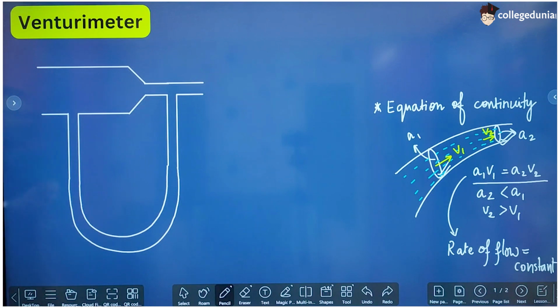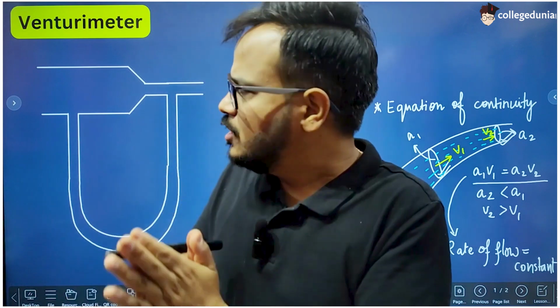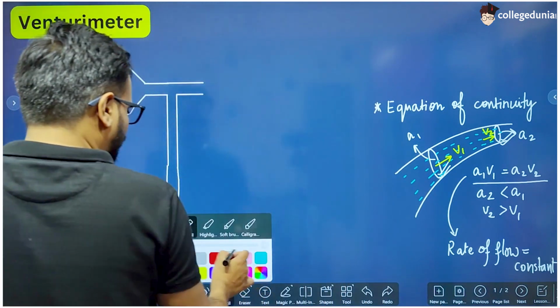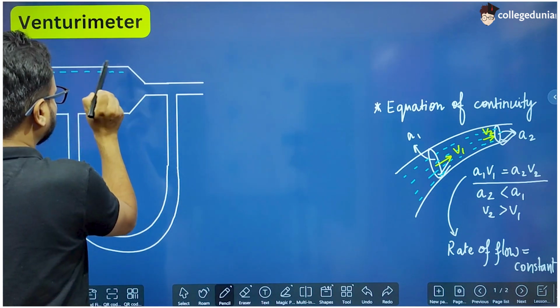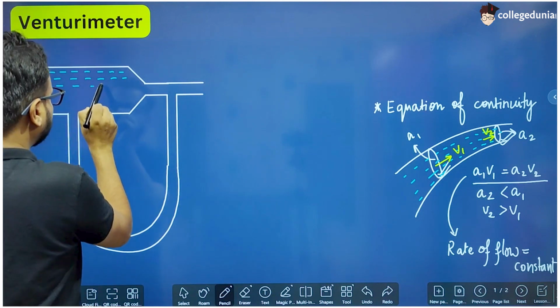Okay, so the liquid whose rate of flow is to be measured is passed through this pipe of non-uniform area of cross section. Now this is the liquid flowing through this tube.